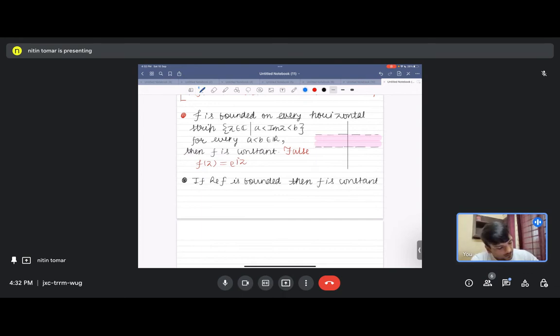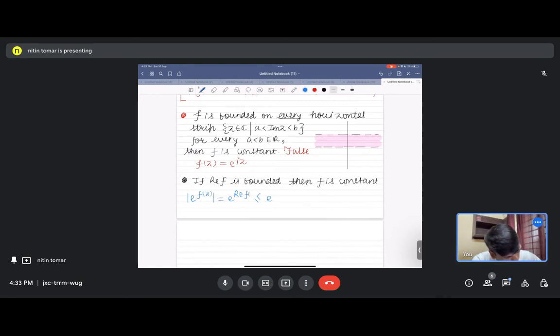So again, you consider this function e^f. What will its modulus be? Its modulus will be e^(real part of f), yes or no? Yes. So if the real part of f is bounded, what does it mean? Let me use z also.